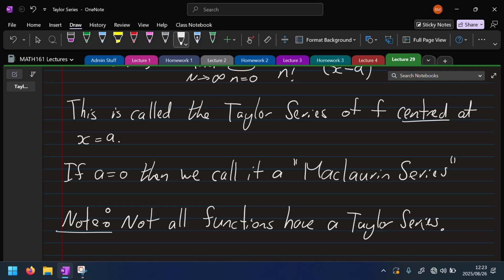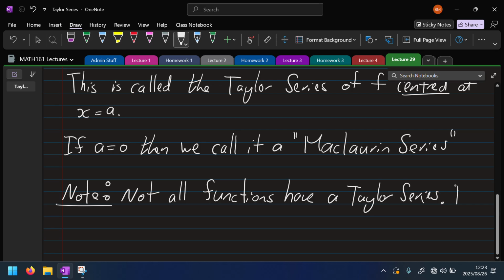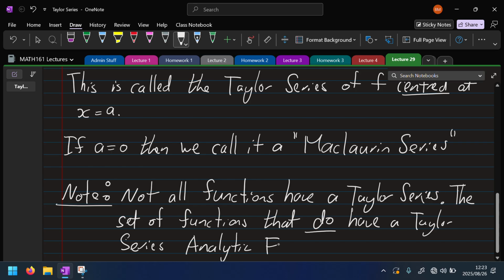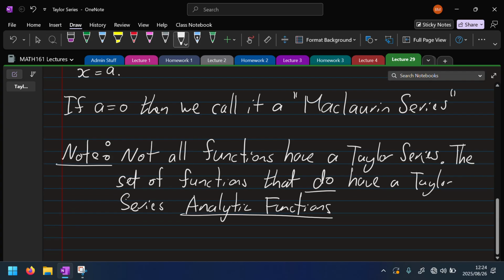Okay, so the set of functions that do have a Taylor series, we call those analytic functions. So if it does have a Taylor series, we call it an analytic function. It's just the name given to that group of functions.